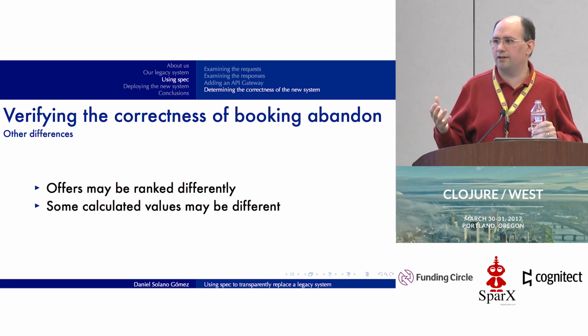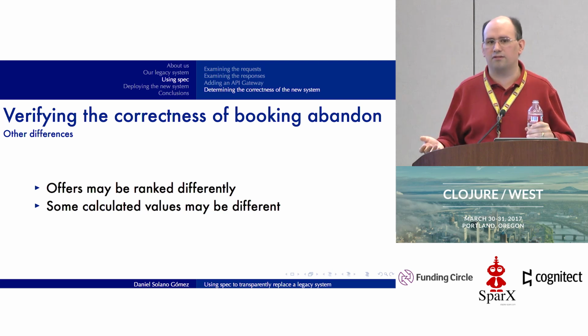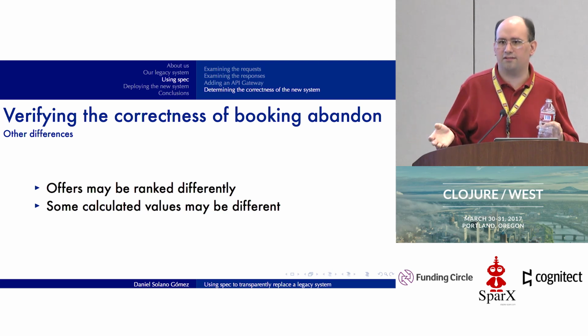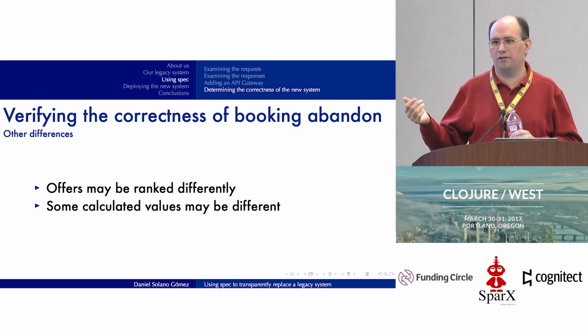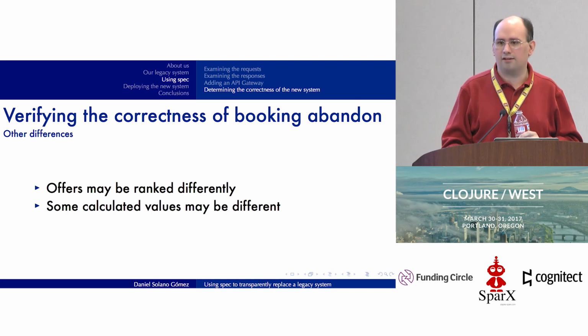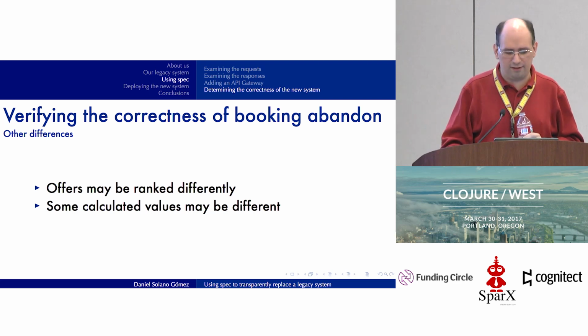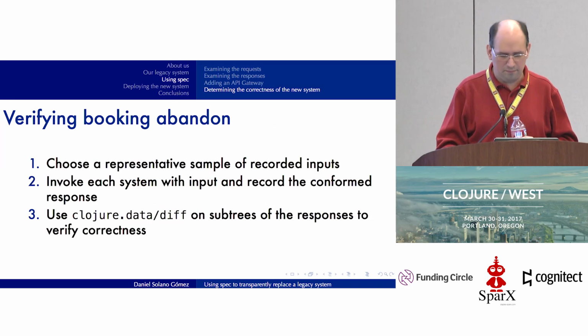Additionally, there are some things that naturally varied between the old system and the new system. The algorithms, although they're doing essentially the same thing, were slightly different. So rankings of offers might be slightly different. The calculated values that we produce might be slightly different, but that's fine. Those are still correct.